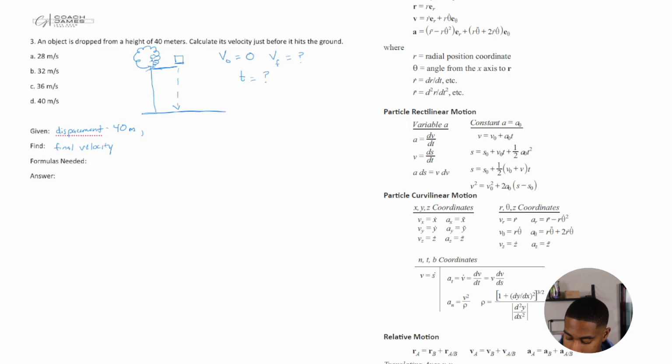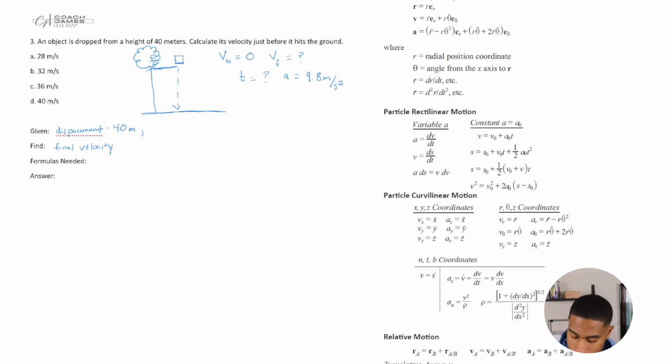No. Do we know acceleration? We do. The acceleration is going to be 9.8 meters per second squared. Our acceleration is gravity. If you just let something fall, gravity is going to accelerate it, and that's what gravity is. So that helps a little bit.